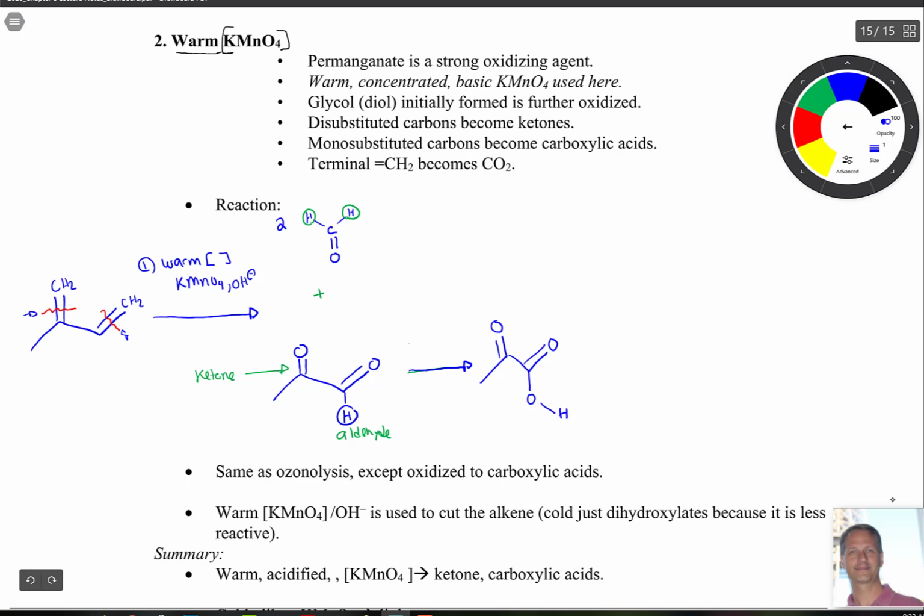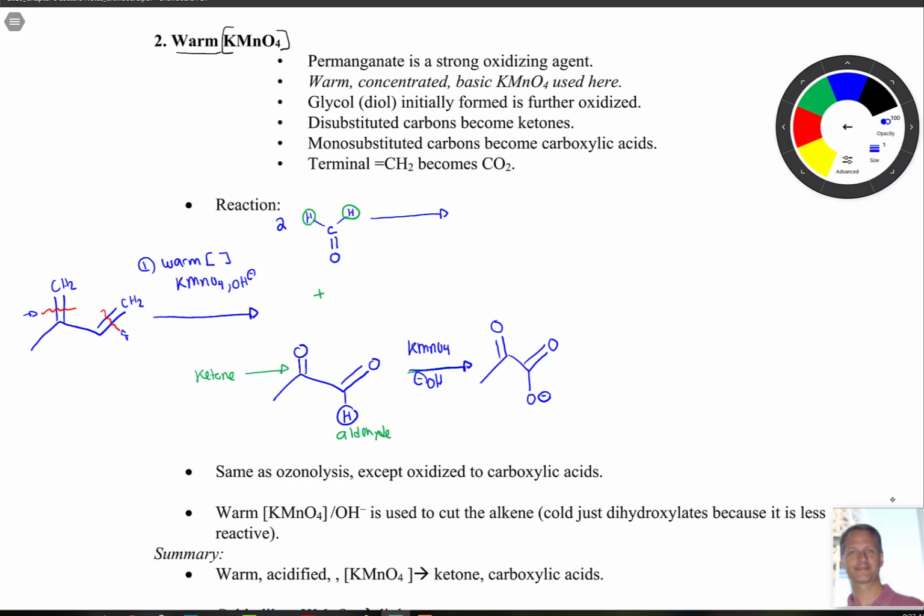Now I want to point out that you're still in KMnO4 and hydroxide. So pretty much the second that this is made, because you're in hydroxide, this gets deprotonated, and what you're left with is an O-, because you can't have a carboxylic acid hanging around in a basic environment. And then this guy over here does the same thing.